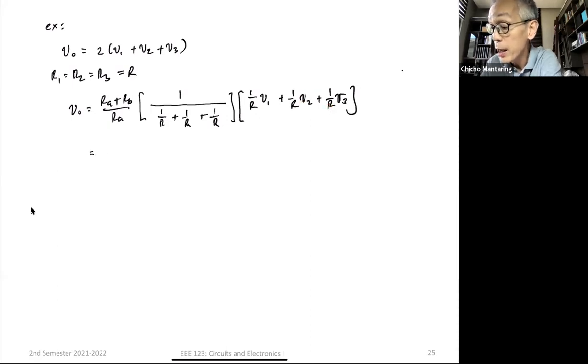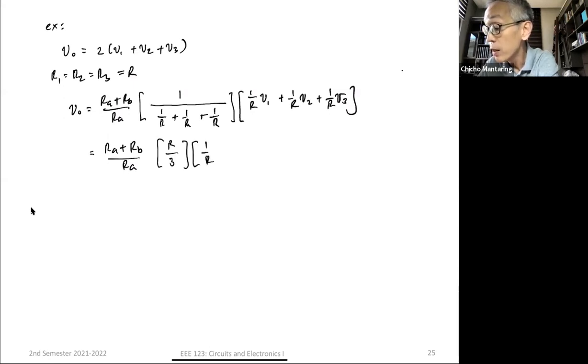So I'm going to get RA plus RB all over RA. This is now going to be 1 over 3R, or this is going to be R over 3, multiplied by 1 over R, and then you have V1 plus V2 plus V3. So this just cancels.